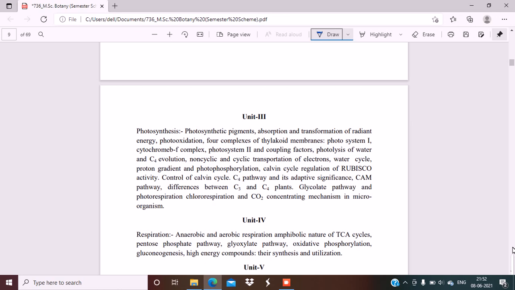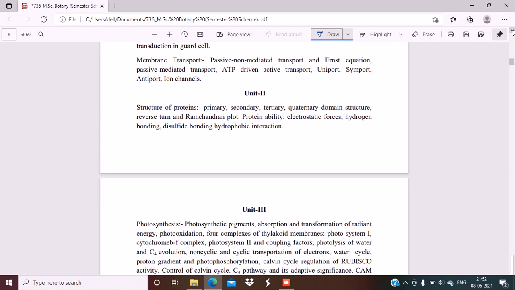For studying physiology, I would suggest you go and study your 11th and 12th class biology book, Pradeep's A Textbook of Biology. In this book you will get a very elaborate discussion of the chapter photosynthesis, and you'll get all the topics of plant physiology in detail over there.